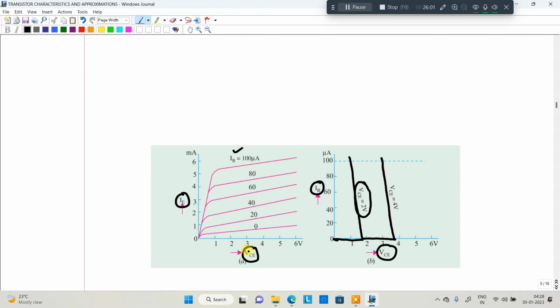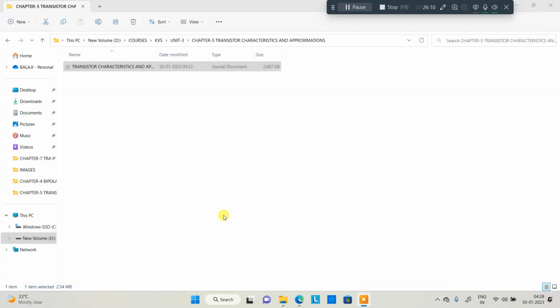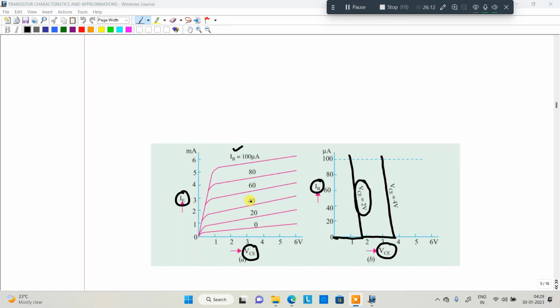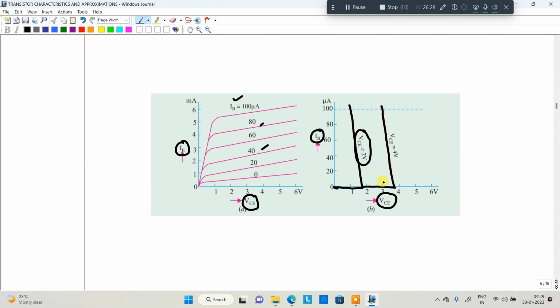You increase the VCE and you will get this particular curve. After that we give IB equal to 20 and you will get this relation. We keep on increasing: 20, 40, 50, 60 and 100, keeping that value constant and applying the same steps, with 1, 2, 3, 4, 5 volts, and this graph appears. This is about the input and output characteristics.